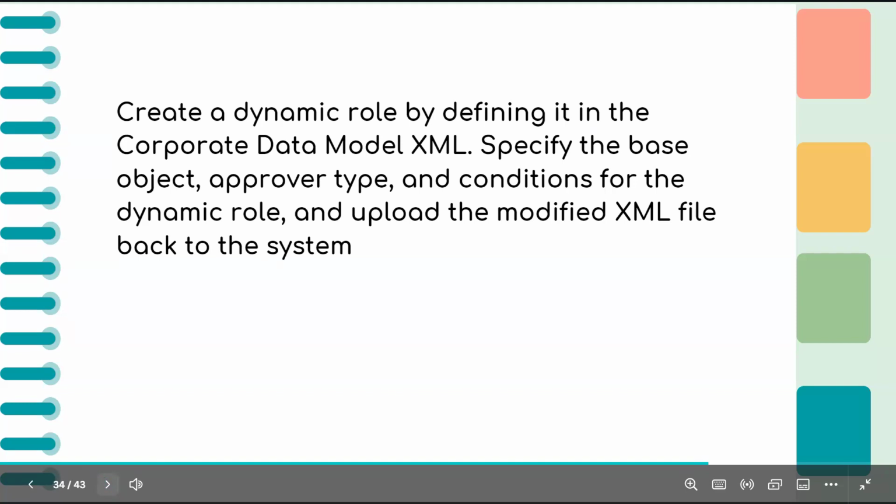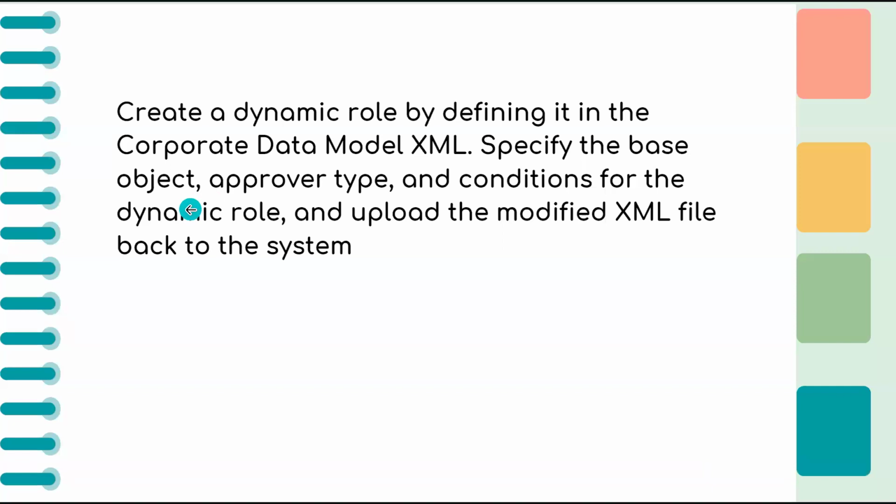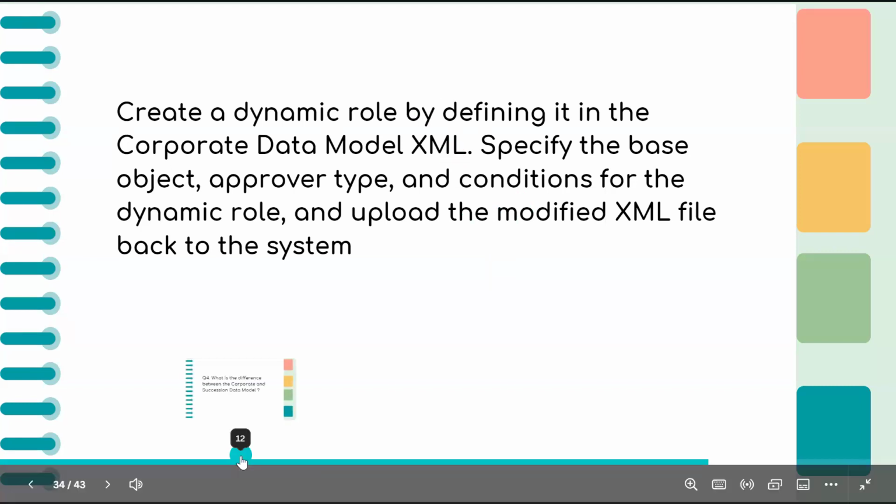A dynamic group is very similar, as you mentioned, and you can create it in the data model itself. You define the object, what kind of approver it will be, and the conditions, meaning under which conditions the approval will be done.